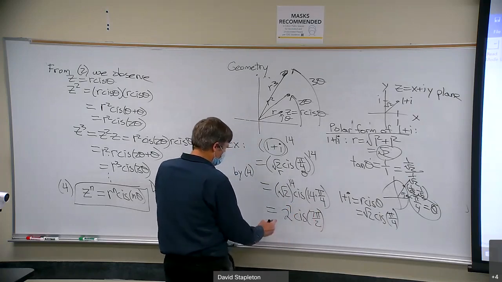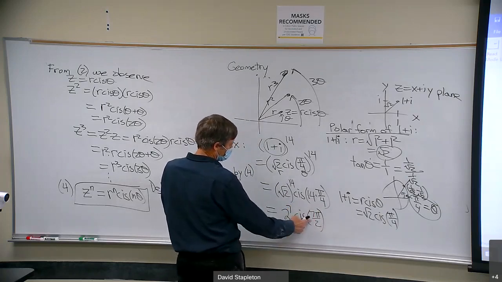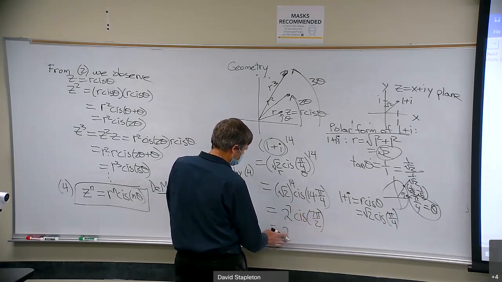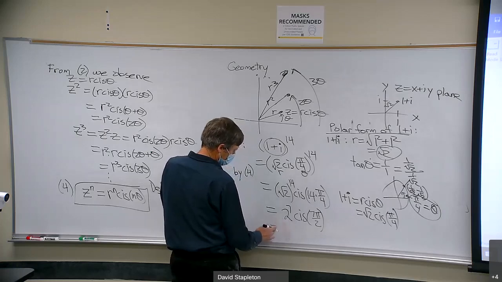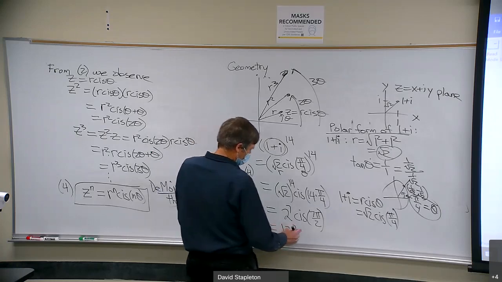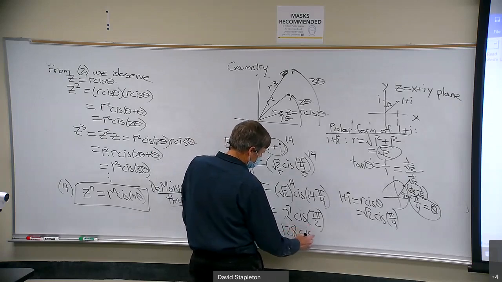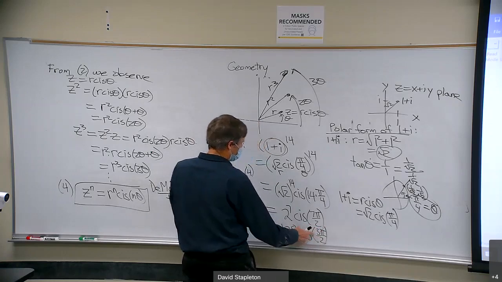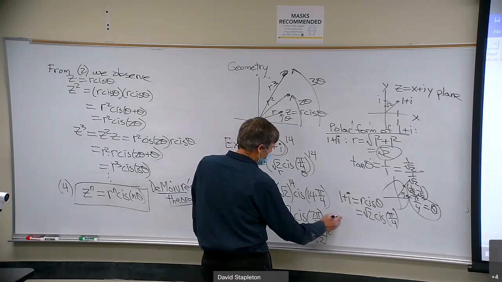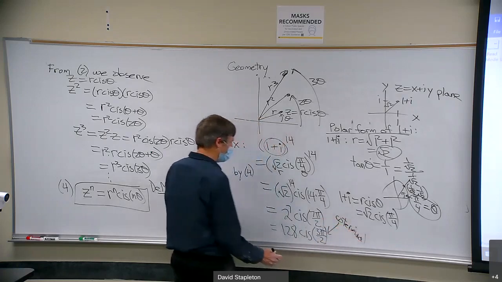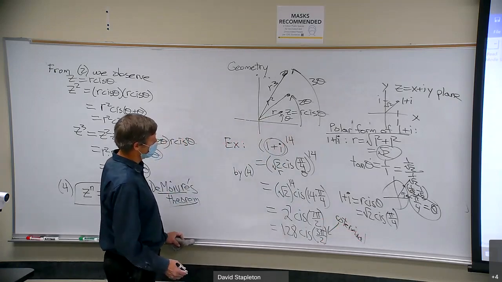Because 2 pi is 4 pi over 2, we could equally well write this as 2 to the 7th, which is 128, and instead of 7 pi over 2, we could write 3 pi over 2, because I just subtracted 2 pi from it. This is a coterminal angle. I can always change it to a coterminal angle because cosine and sine will be the same. Now I can deal with it better.